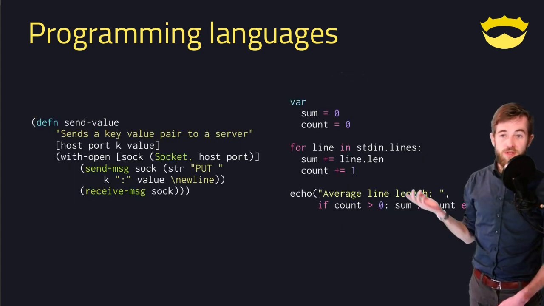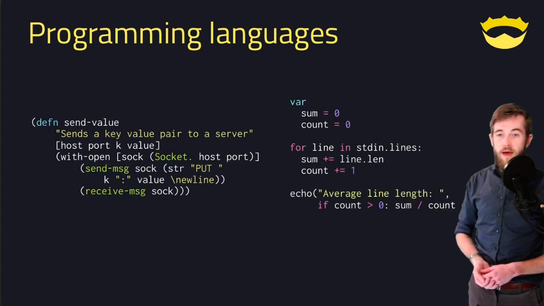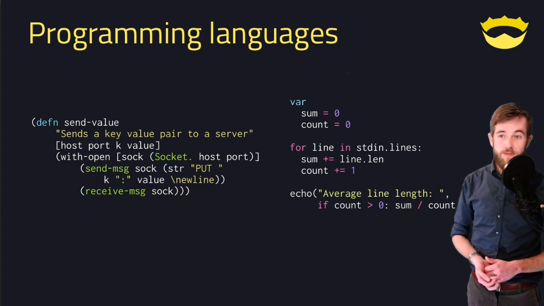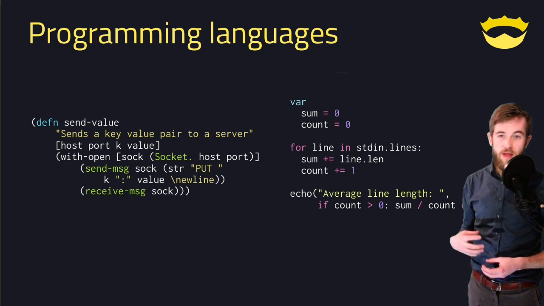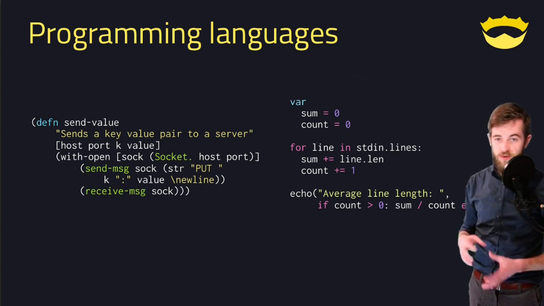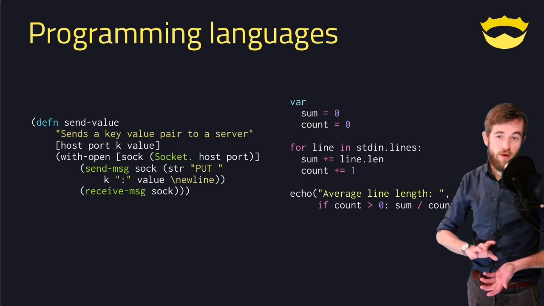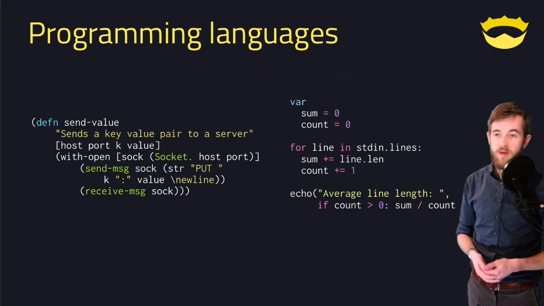Then we have languages like Clojure on the left there, which is a functional programming language. Functional programming languages, for those who don't know, don't allow you to modify data. That's part of their regime.